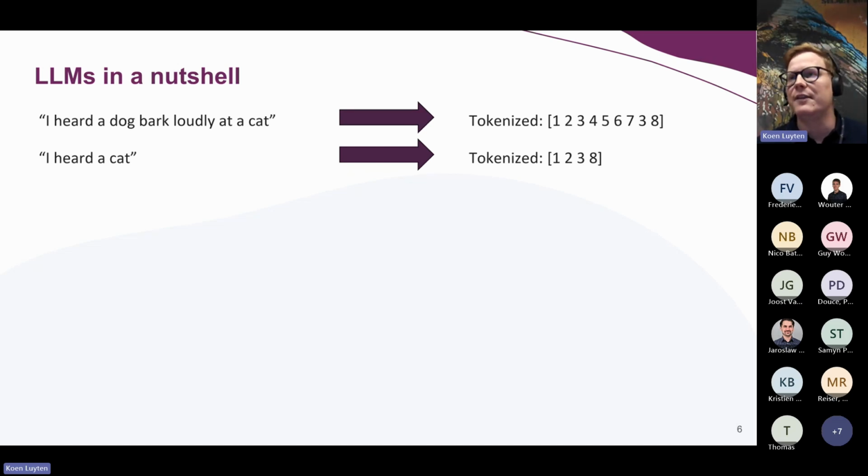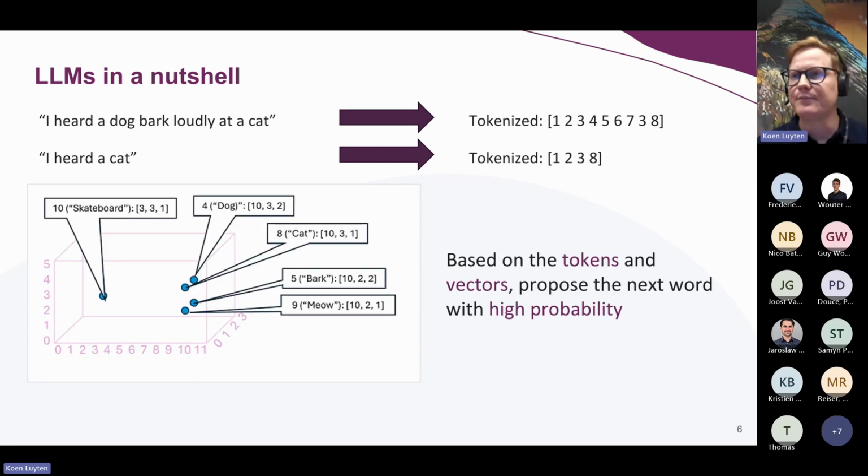Tokenization means that they are given coordinates in a multidimensional space. Then in these texts, these words or tokens are combined into what we know as sentences and paragraphs.